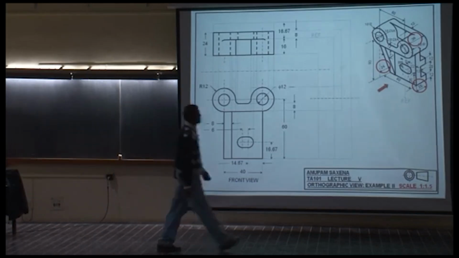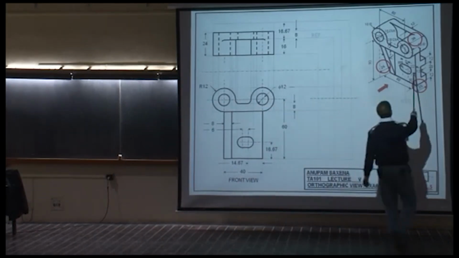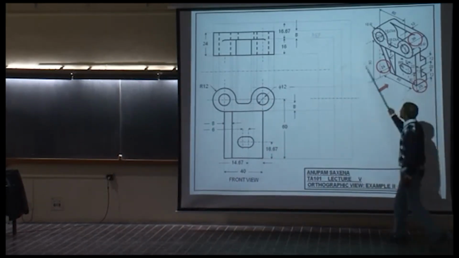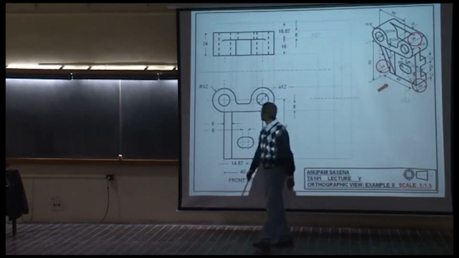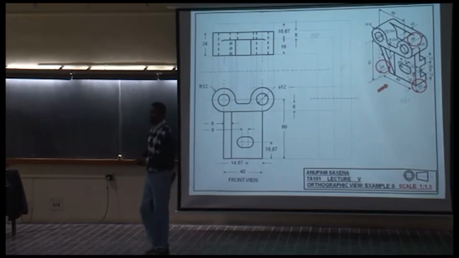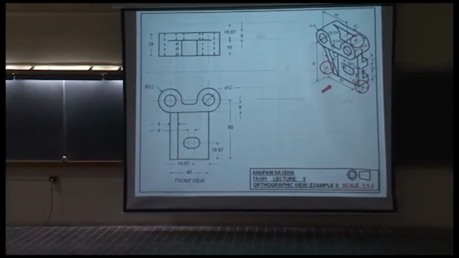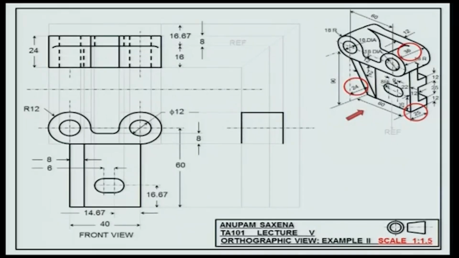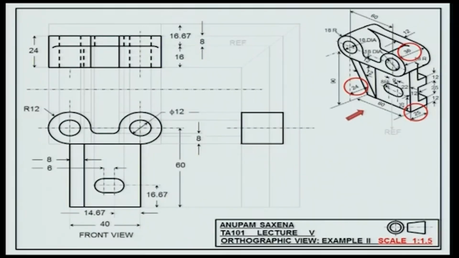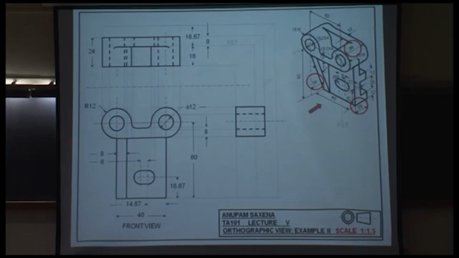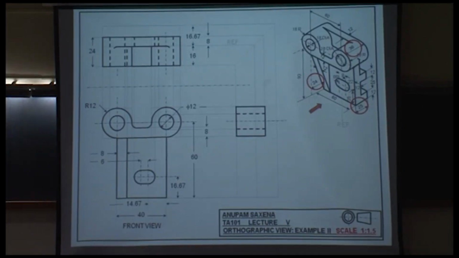Up till this plane. Okay? Up till this line here. Okay. Coming to the side view, cylindrical feature is easy. Cylindrical void is also easy. Yeah.